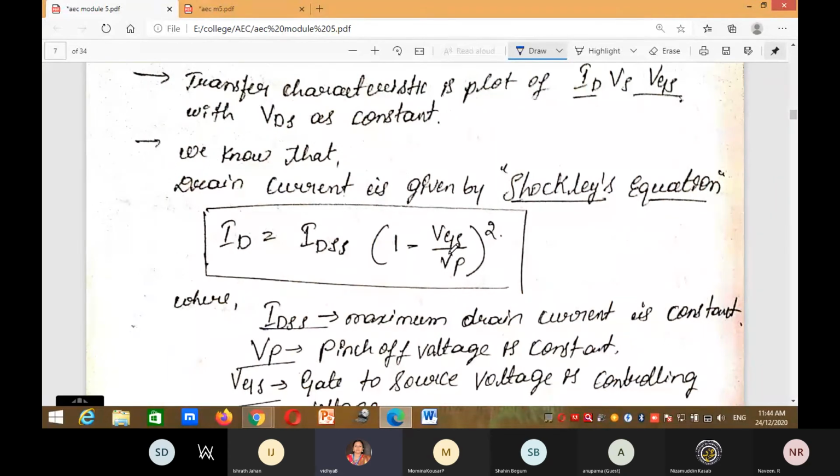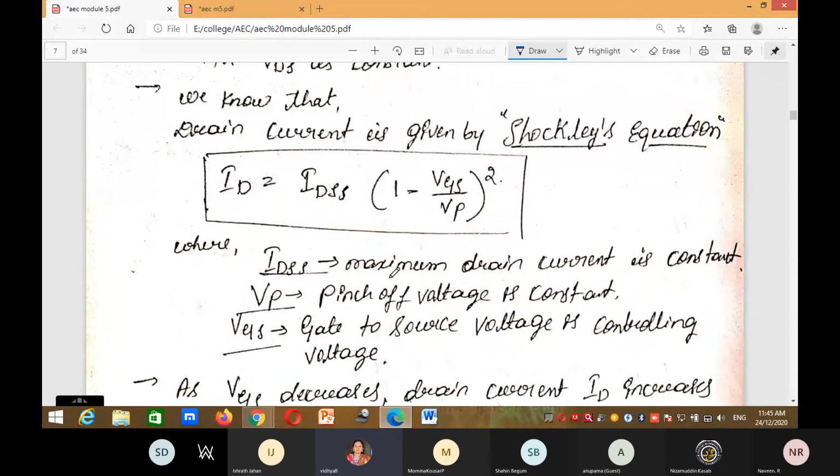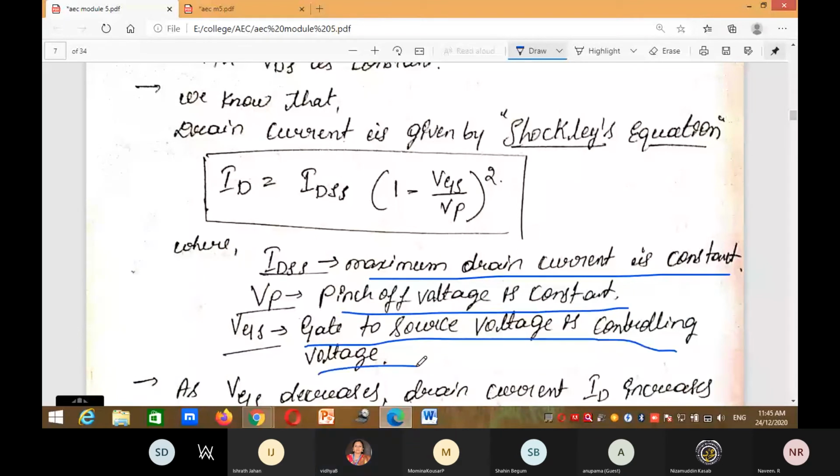IDSS is the maximum drain current and is constant, VP is the pinch-off voltage and is constant, and VGS, the gate-to-source voltage, is the controlling voltage.